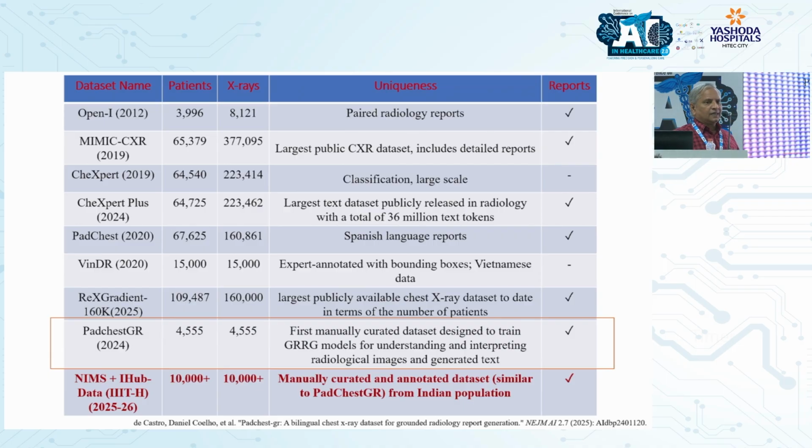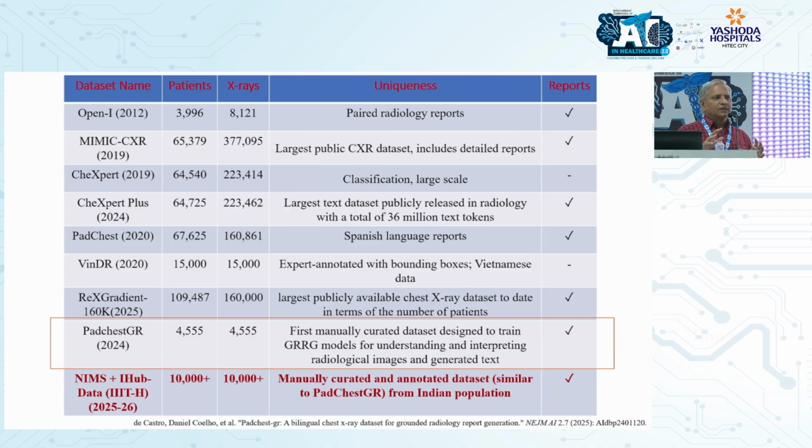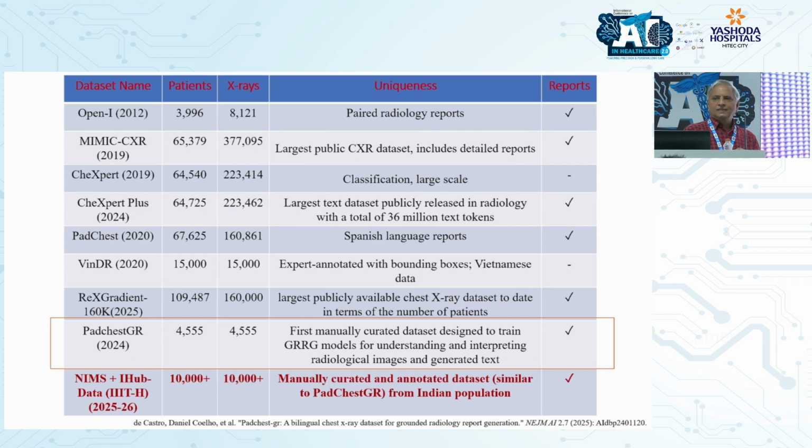What we are attempting with NIMS is to create a 10,000 sample data set constituting the top 6 pathologies that you can see. Of course this needs to be expanded to include more, but 6 is what we are focusing on.